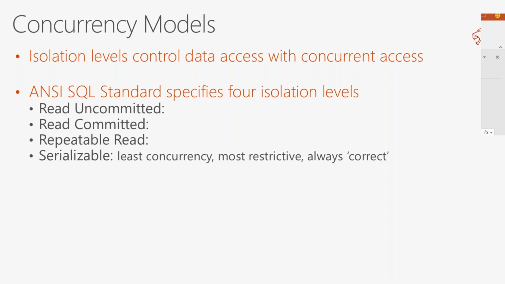What you see here is that the higher the consistency or the guarantee, the more locking and blocking that you will see. You see that point? It's an important point. Read uncommitted, minimal amount of blocking. Read committed, some more. Repeatable read, a lot more.